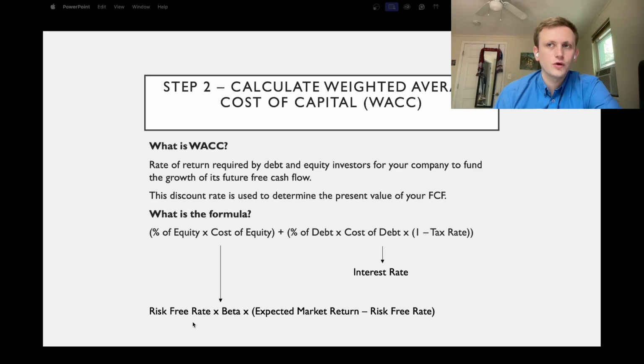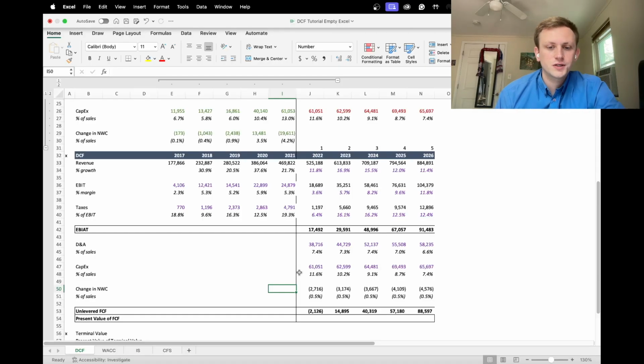So for example, I think the safest thing would be probably a 10-year U.S. Treasury bond, because the U.S. Treasury is not going to have any issues. And the beta is how volatile your stock is compared to the market, and then the expected rate of return is how much you can expect to earn in the overall market, which is usually about 8 to 10%.